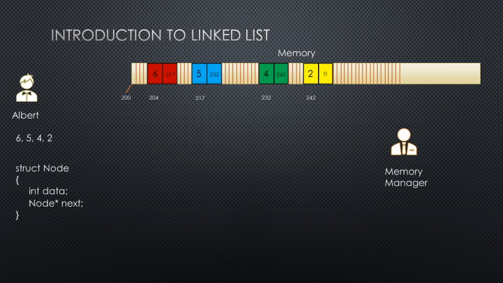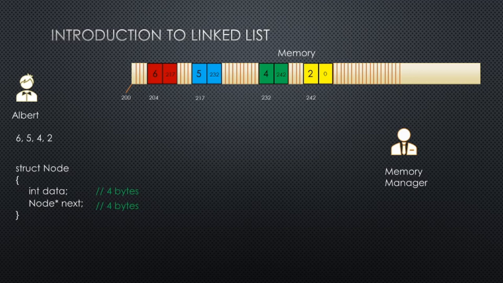And the memory manager will be like, okay, you need a node that needs 4 bytes for the integer variable and 4 bytes for the pointer variable that points to the next node. Pointer variables are typically 4 bytes in a typical architecture. The memory manager gives us a block of 8 bytes, and we'll call this block a node.